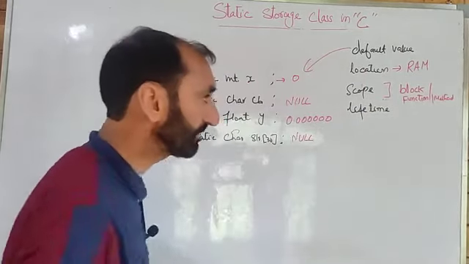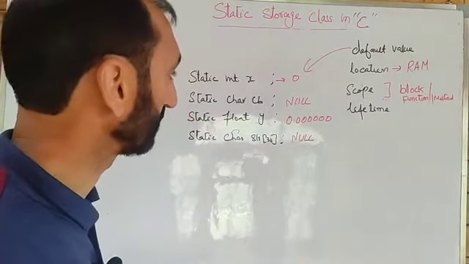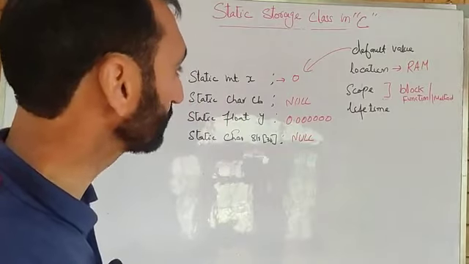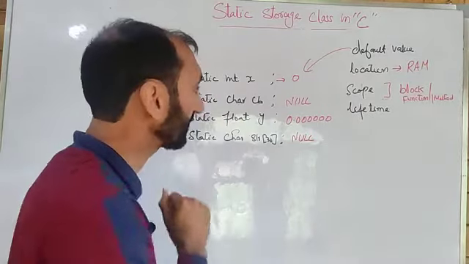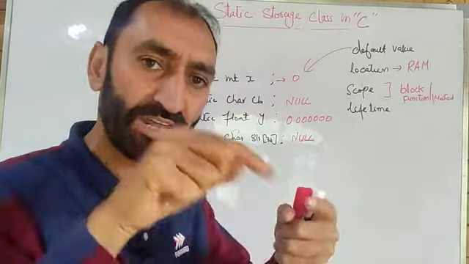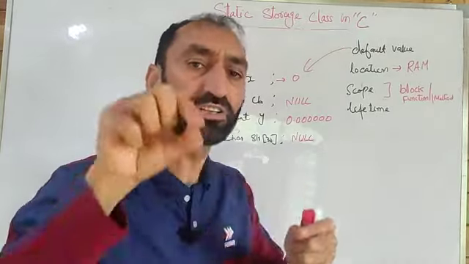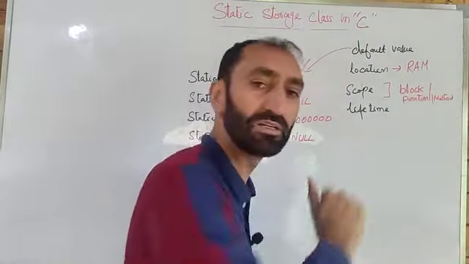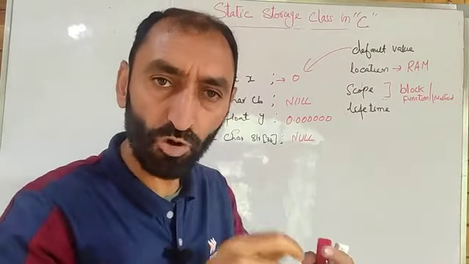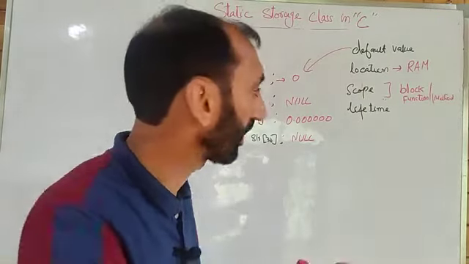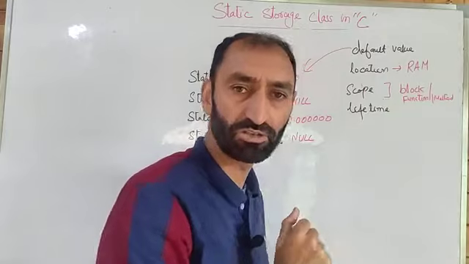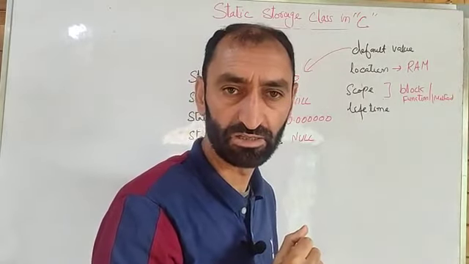That means we can use the variable whose storage class is static only within that block where it has been declared, or only within that function where it has been declared. That means its scope is only within the block or within the function, or method, we can say.